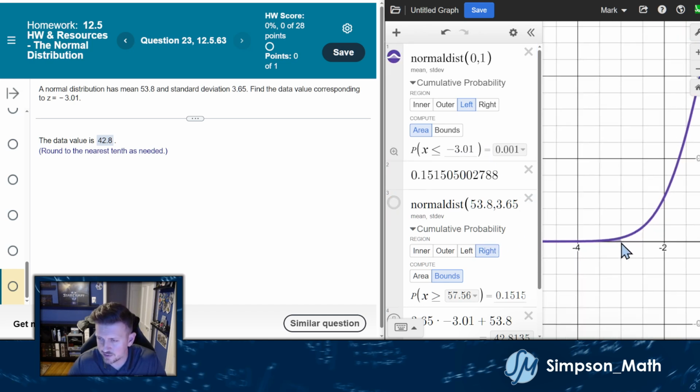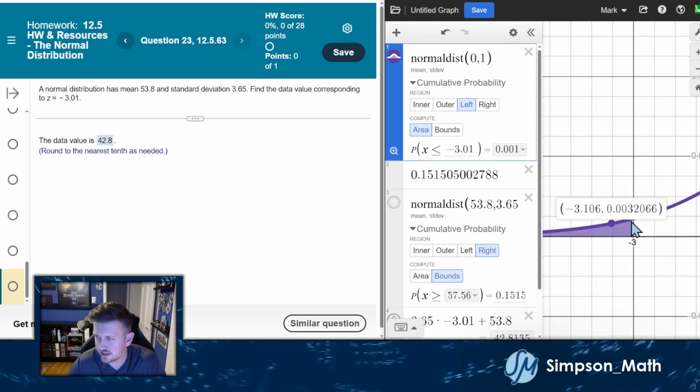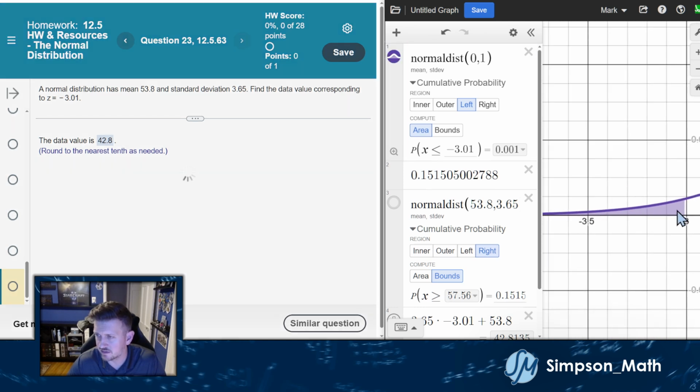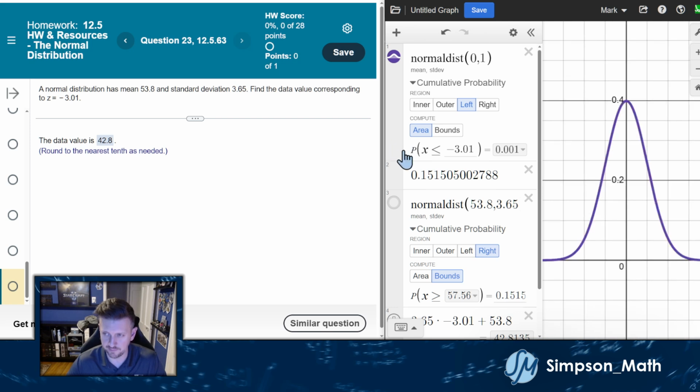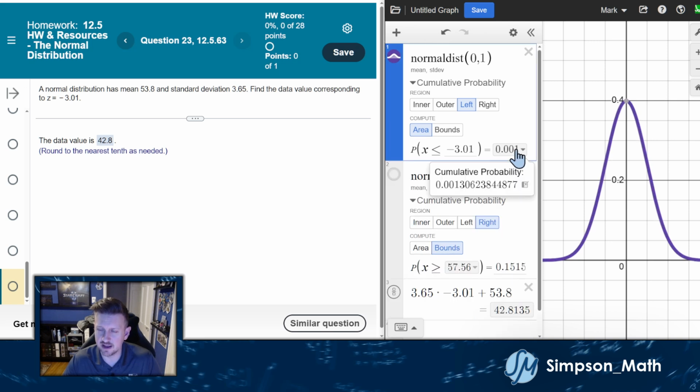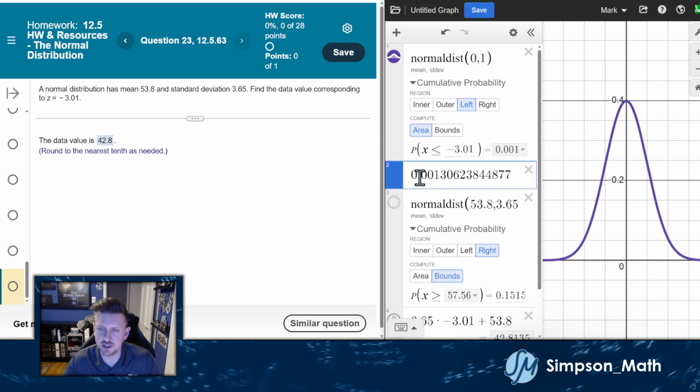Maybe I can zoom in and we can see it. This is a really tiny shaded piece right here. It's really small. I switched to left just because. And we get a really, really small shaded region, something that is just barely bigger than 0.1%.